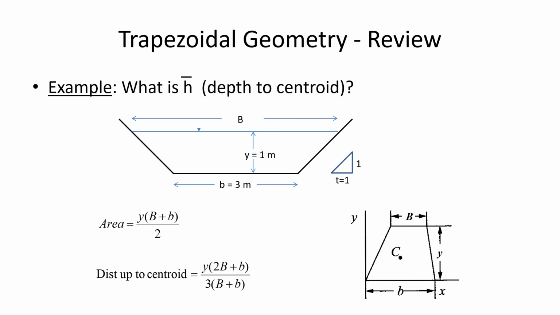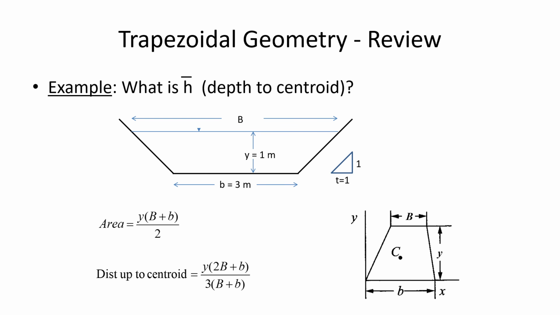So if we do that calculation, then what we're going to get is that the distance from the bottom up to the centroid, y, is 0.5417 meters.